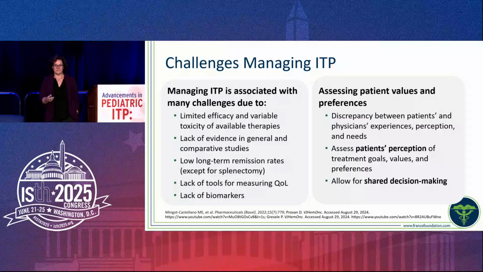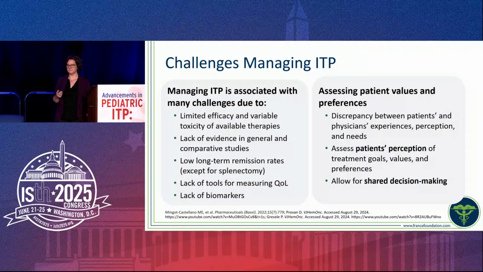So the difficulty in managing pediatric ITP that becomes chronic, and you've decided with the family in your shared decision-making that you are, for one reason or another, no longer willing to just observe, or you have bleeding symptoms or something, we really don't have a lot of efficacy data, especially for some of these novel therapies that are starting to be used more in adults.